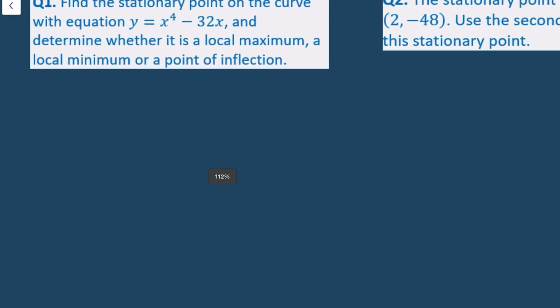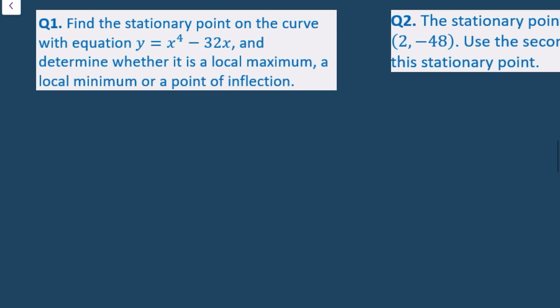Okay, so we need to find dy by dx first, and we will do this. Pause the video, have a go, and then play it again and see if your answer compares to mine. Okay, so dy by dx will give me 4x cubed minus 32.